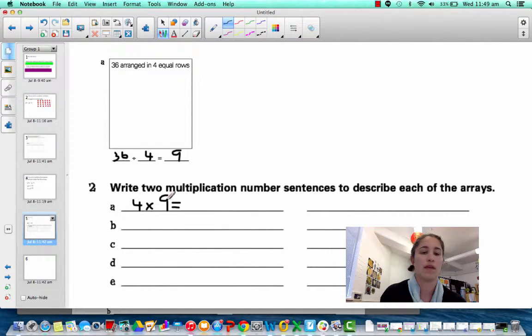Sorry about my 9 there. Now this is number A here, and this is A here. So on your worksheet, make sure that they correspond. The other way I can write it is 9 times 4 equals 36. So if you can go ahead and just fill in the rest of those, that would be great.